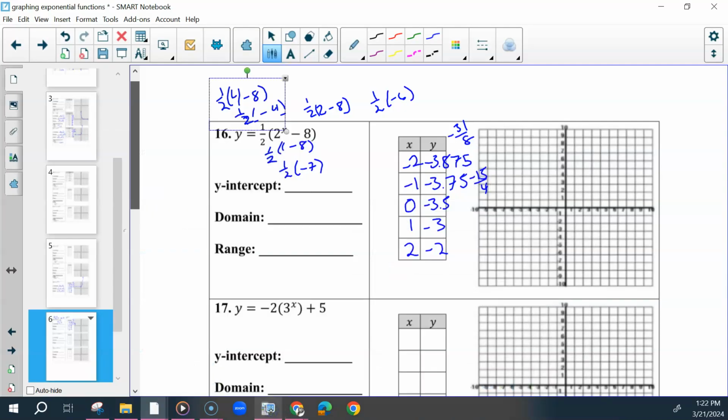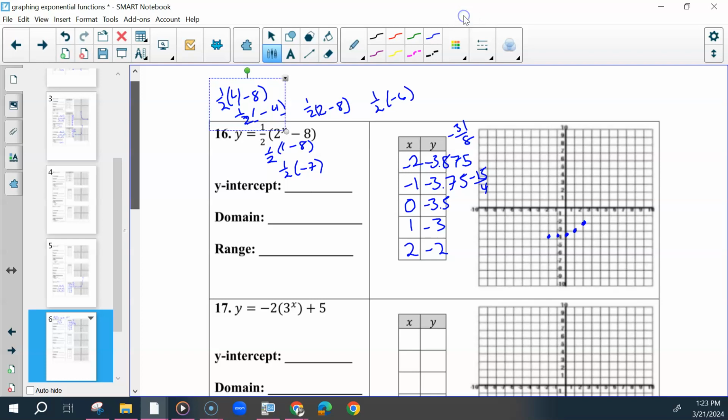Right, so if I graph those, we have -2, -3.8, so closer to -4. -1, -3.75. 0, -3.5. Those kind of look about the same. 1, -3. 2, -2.